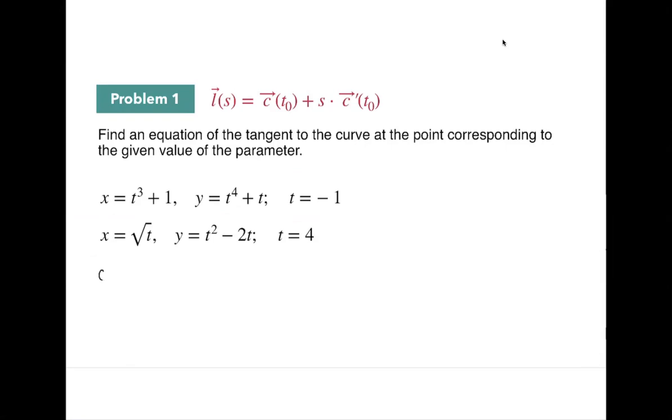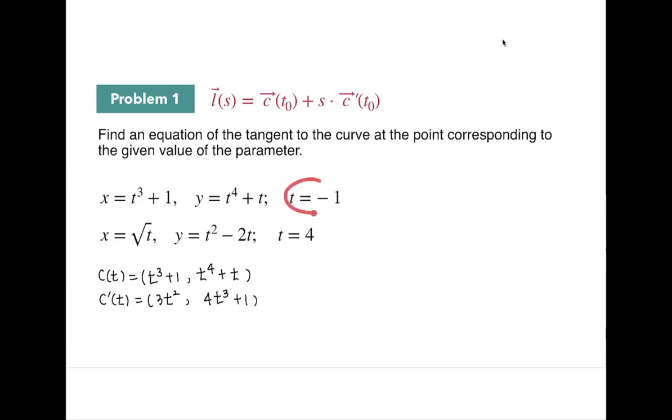If we think about the curve c of t, it will be t cubed plus 1 and t to the 4 plus t. Then our c prime of t is 3 times t squared and 4 times t cubed plus 1.